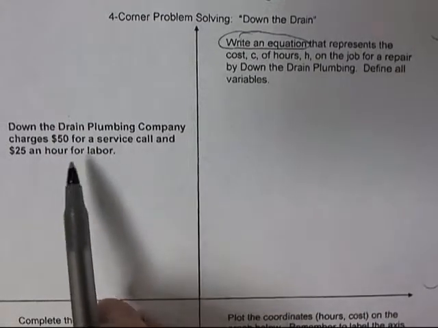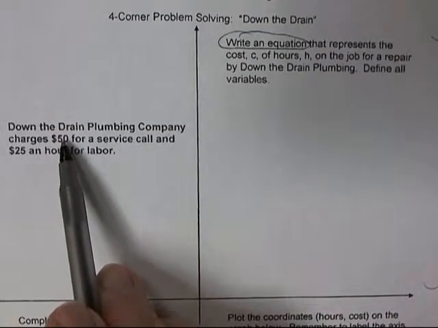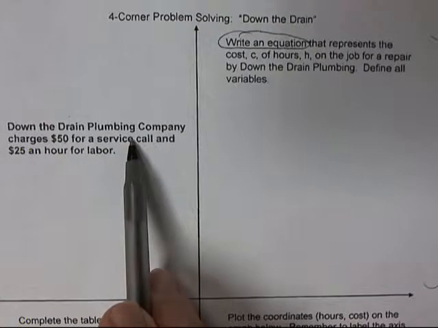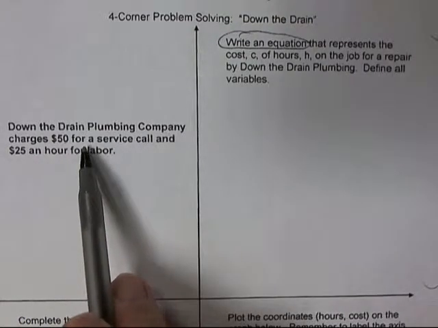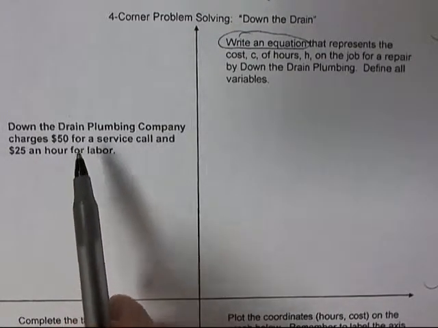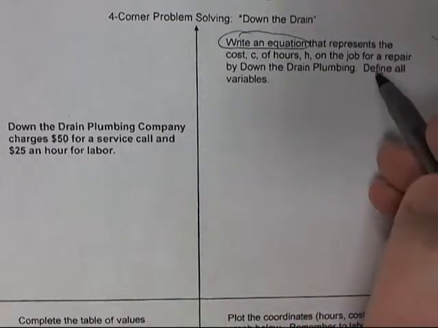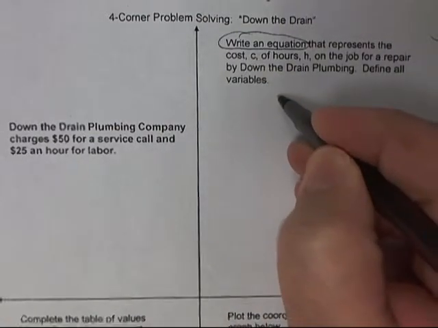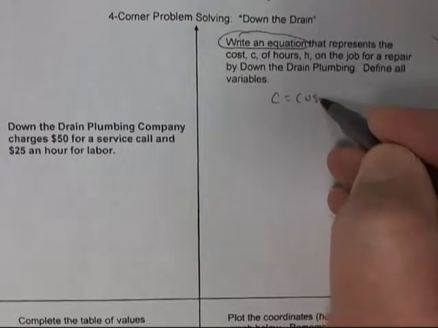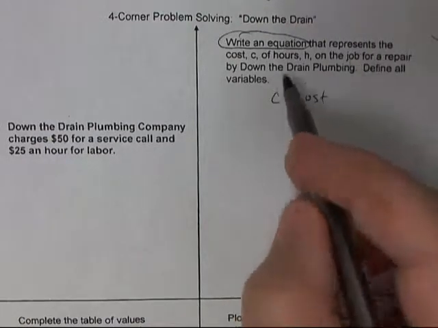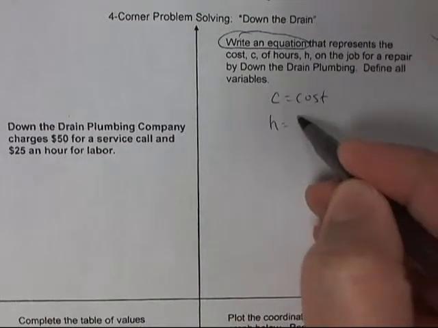Well, we see that in the problem they charge $50 for a service call regardless of how many hours the plumber's out there working. So to define all variables, we see that C stands for cost, H stands for hours.